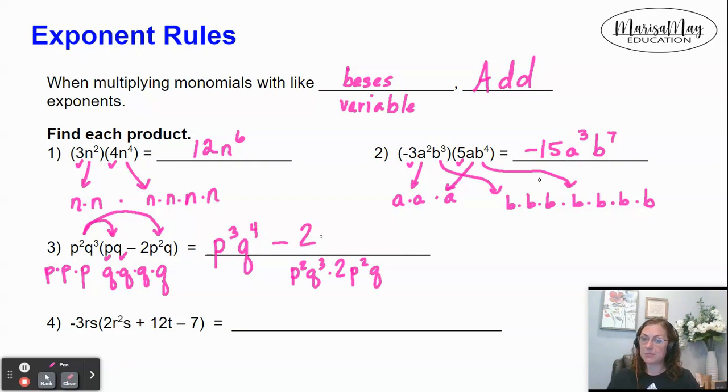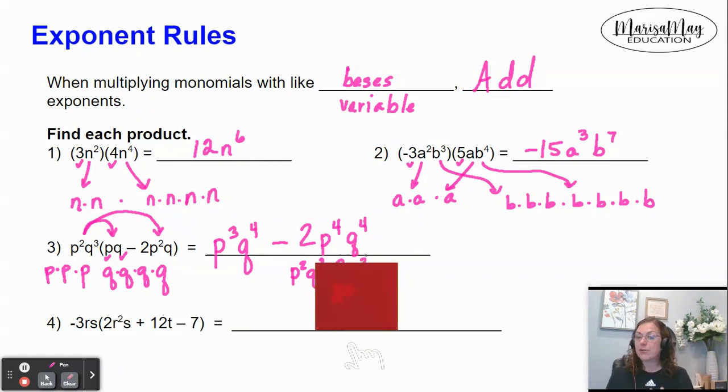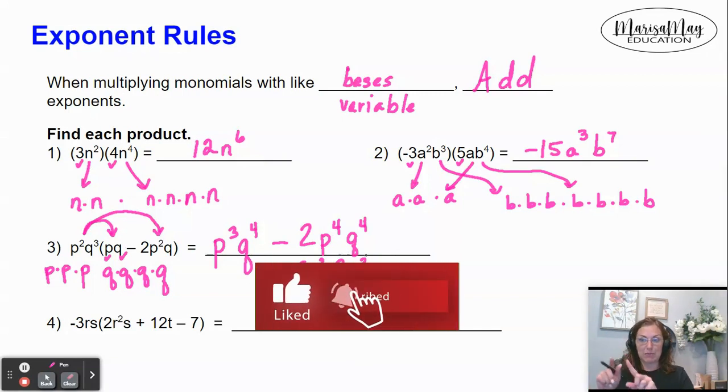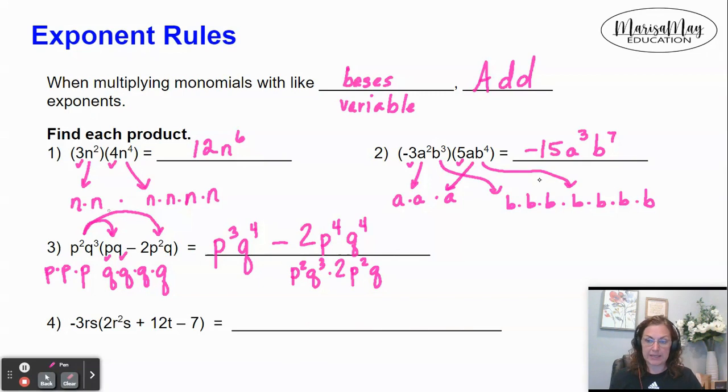P to the second times p to the second would be p to the fourth. If you want to write out the p's, please do that. And then q to the third times a q would give us q to the fourth. So we're still using those exponent rules. However, we're also using the distributive property. Let's do one more like that because I think it helps to have a second example.